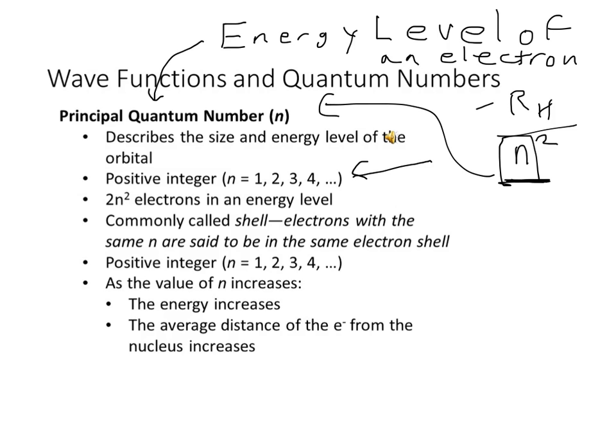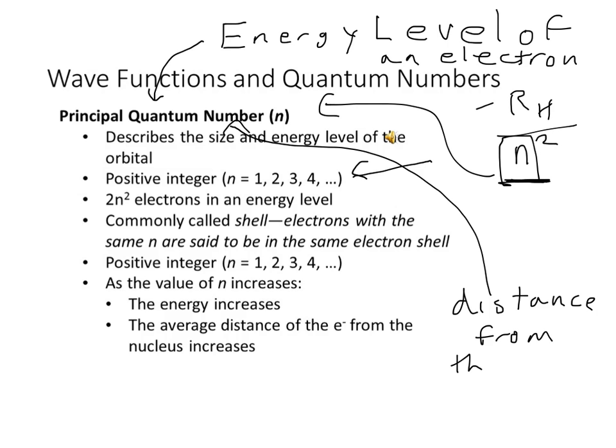We also know from the work of Bohr and Heisenberg, which we've already discussed, that this principal quantum number and that value of n tells us not just the energy of the electron, but it has something to do with the electron's probable distance from the nucleus. It describes not just the energy level and the distance from the nucleus, but it also tells us something about the size of an orbital.